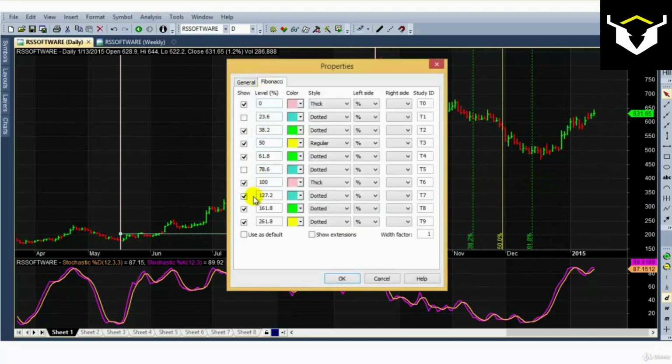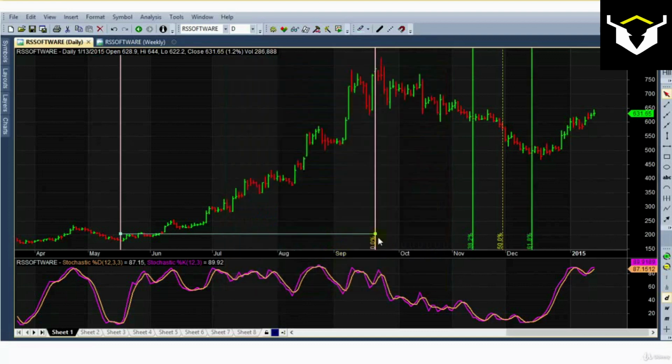I'll make it a bit more clear, keep it thick. Okay, so you can see there are three ratios plotted on the chart. One is 38.2, another is 50, and the last one is 61.8.